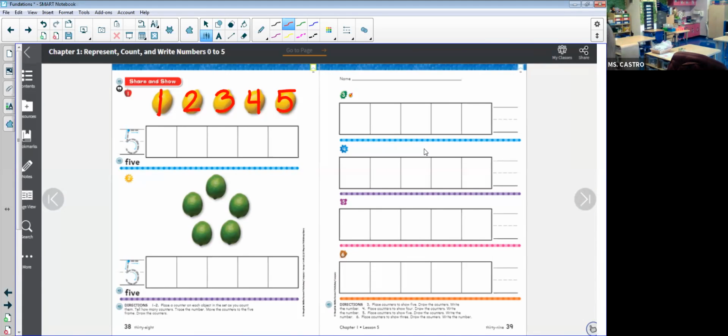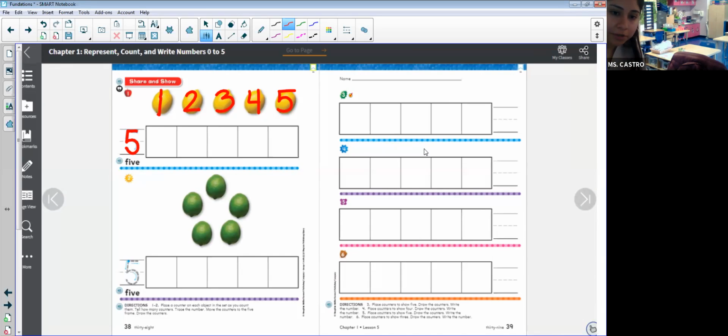The way we trace the number 5 is we're going to start at the blue dot. You're going to go down, around, give them a belly, go back to that blue dot, and then go across and give them a hat. And we just formed the number 5.